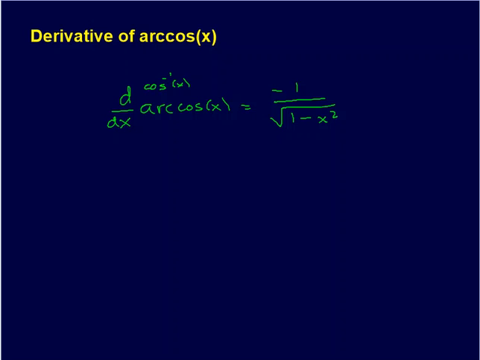So there's really not a whole lot to say about that one. We could prove it very much the same way. Essentially, the negative sign comes from the fact that the derivative of cosine has a negative in it. Okay, but the proof would be very similar otherwise. So we can write this one down too, and I'll spend a little more time with the derivative of the inverse tangent function.